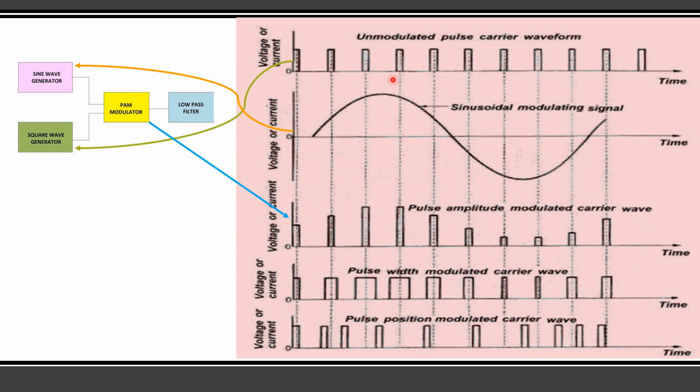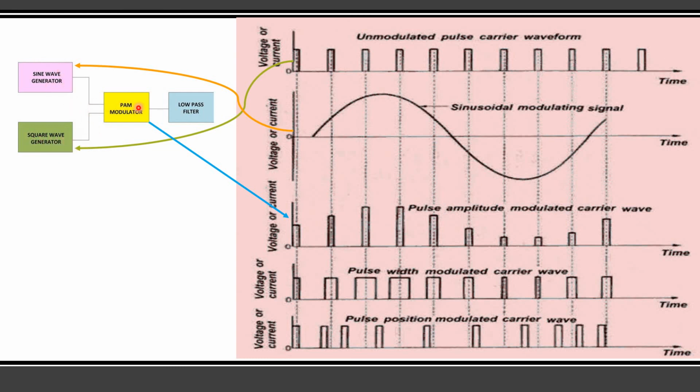So here we have the different analog pulse modulation techniques: pulse amplitude modulation, pulse width modulation, and pulse position modulation. The first signal represents the unmodulated pulsed carrier signal, and the second represents the message signal. Here you can see the sine wave generator, or message signal, is applied to the pulse amplitude modulator.